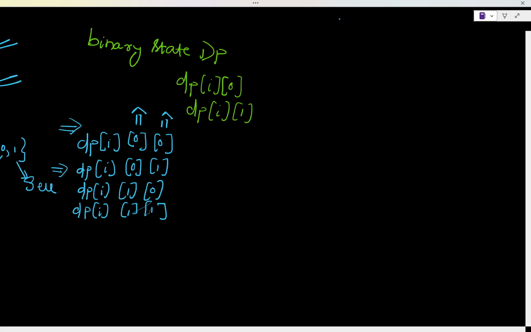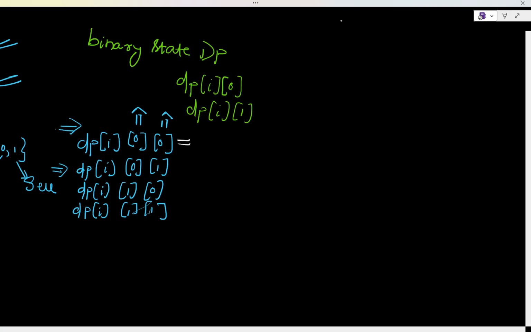How do I define this? If it is the first transaction and it is a buy type of transaction, I am doing the first purchase. Either I buy the stock at index number I. If I buy it, what will be the net profit?